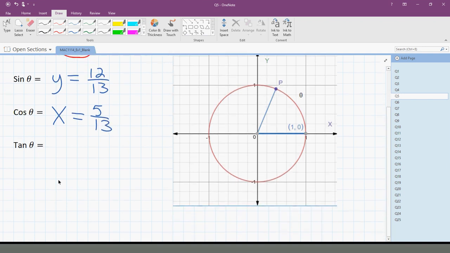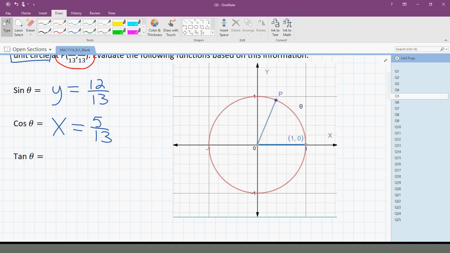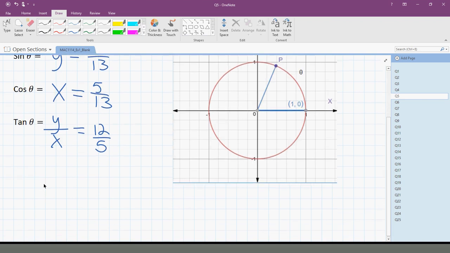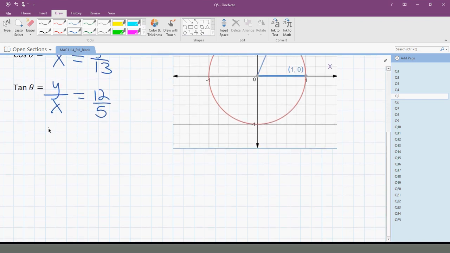And then, now we're going to talk about the tangent. What's y over x? So I like that you called it 12 over 5. If we actually look at the math behind it, you really do have 12 over 13 divided by 5 over 13, but remember, we don't really divide fractions.